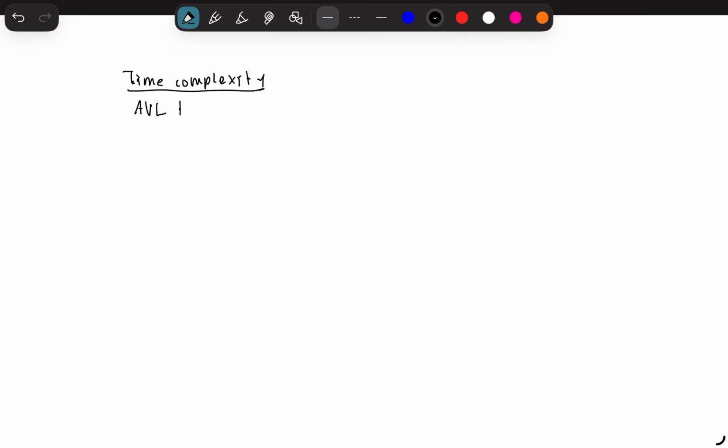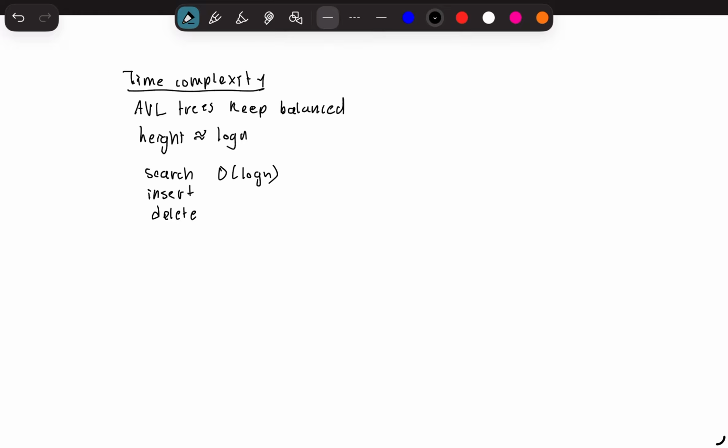Now let's talk about the time complexity. So for AVL trees, they keep balance, so that means that the height is approximately log n. So that means that your search, insert, and your delete are all going to be O(log n).